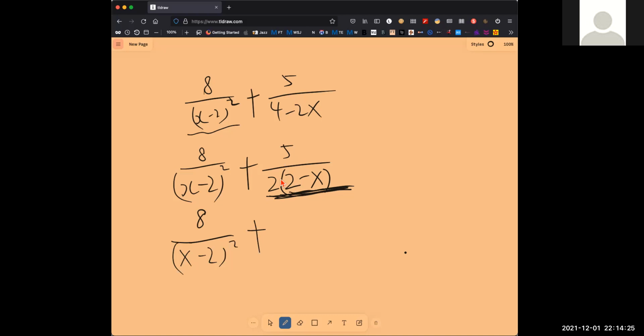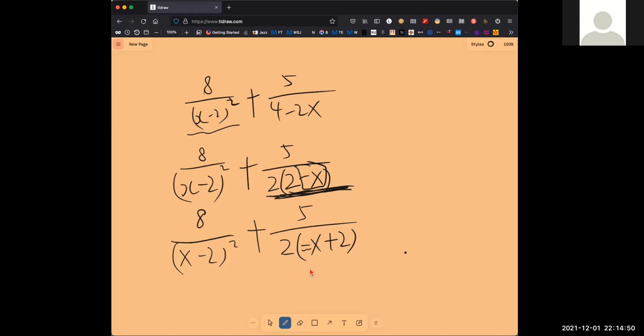But I see opportunity to change this, so I need to move this minus x in front, and then put the 2 at the back. And not only I need to do this, I need to take out the minus here.